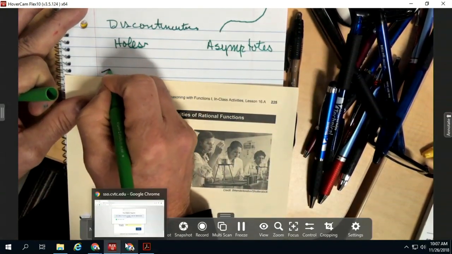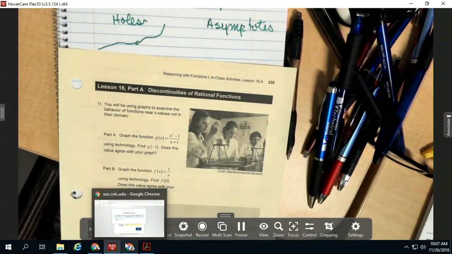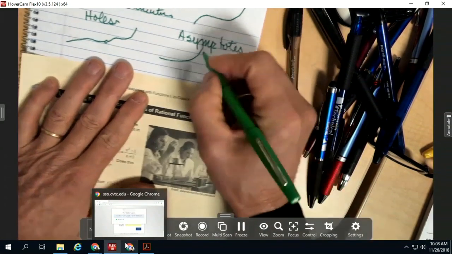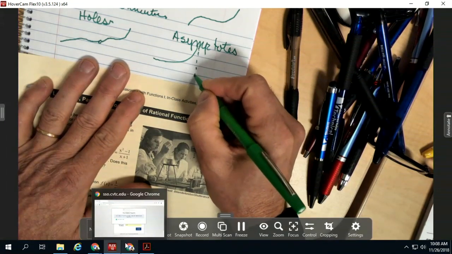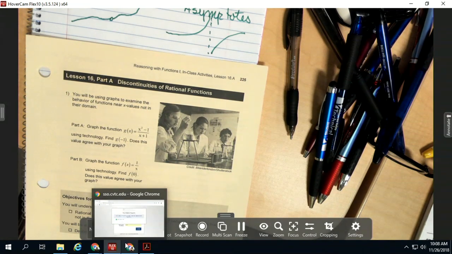Here's a hole in a function. Do you see why they call it a hole? Yes. It's a value that doesn't exist. Here's how a function has an asymptote. It comes along like this and just disappears up into the clouds. And then after that, it starts at negative infinity and just continues on. Those are the two different kinds of discontinuities that we're going to be talking about.